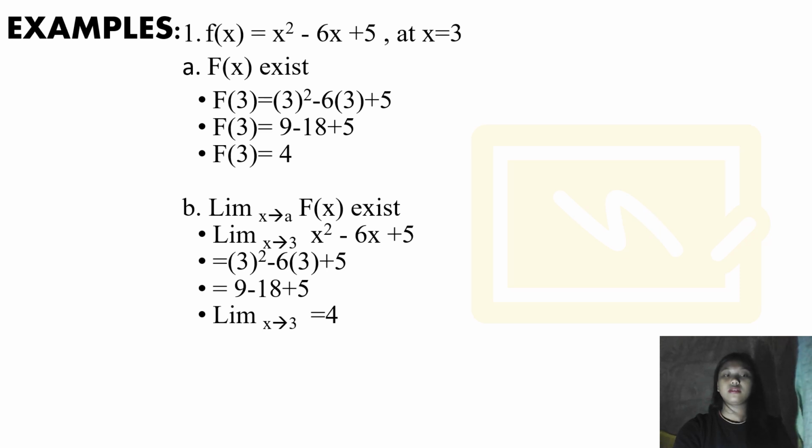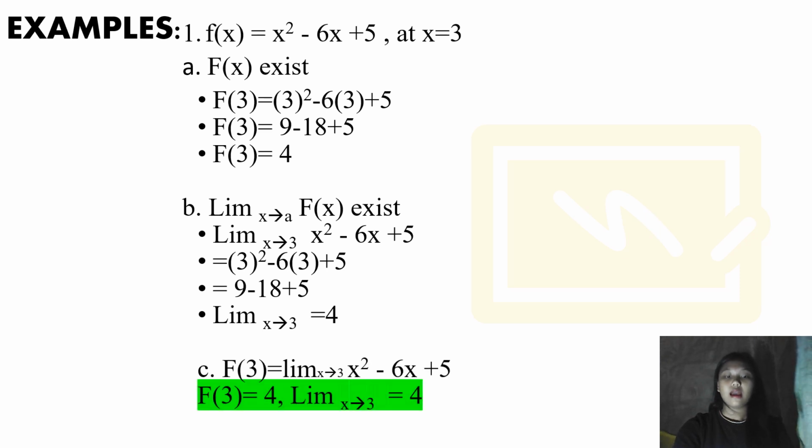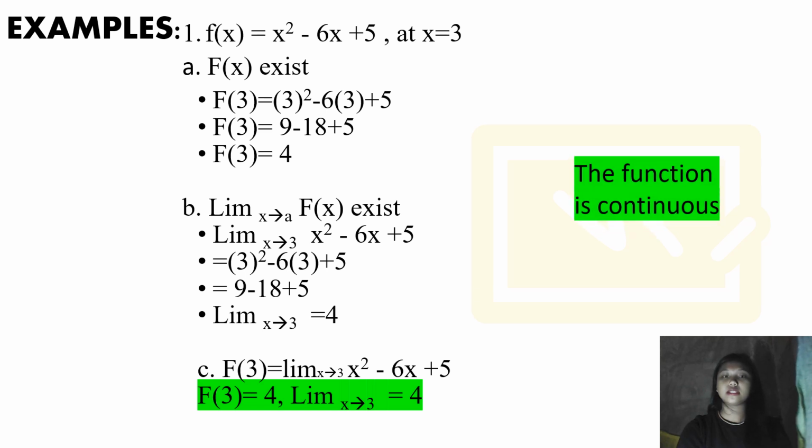Therefore, the third step is that f of 3 and the limit x approaches 3 of x squared minus 6x plus 5 are equal. We can see here that they are equal because we got the same answer, which is 4. Therefore, this function is continuous at x is equal to 3.